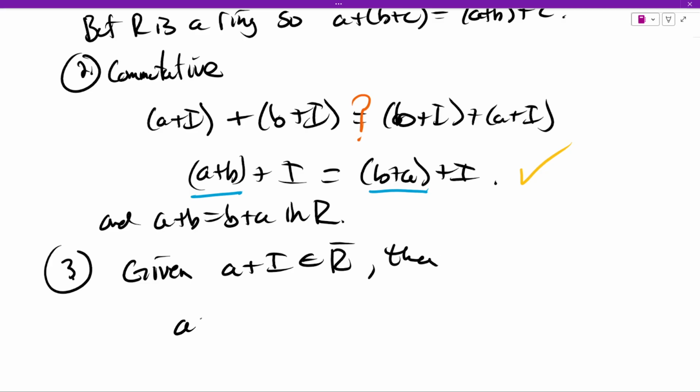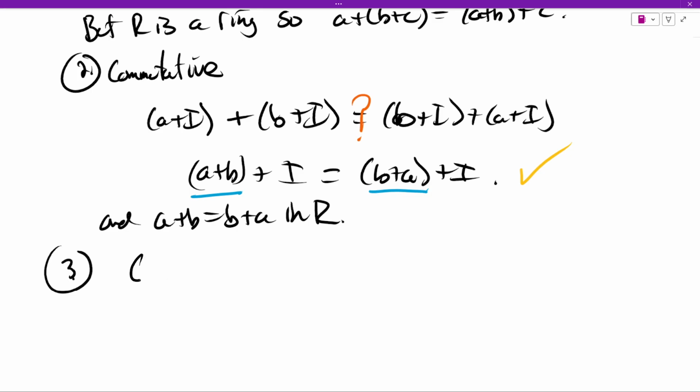So with that in mind, if we have some A plus I in R bar, then, well, what do we need to add A plus I to? Oh shoot, I think I messed up my numbering. Three is the additive identity, sorry. So let me go back for one second.